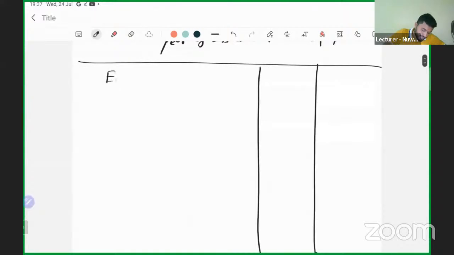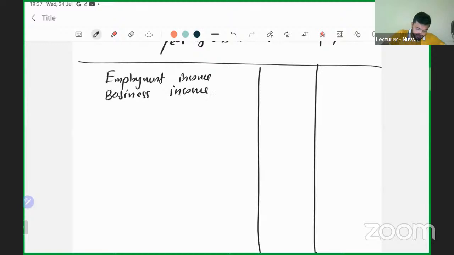Therefore: employment income, business income, investment income.